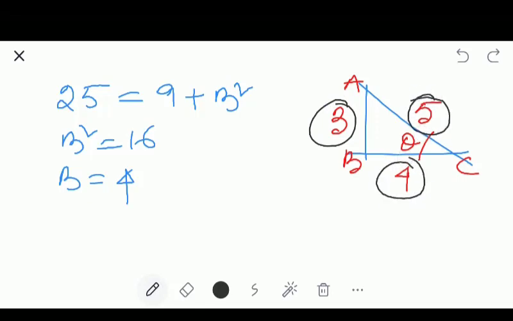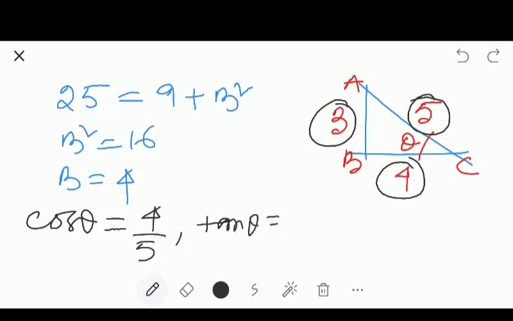Now what is the value of cos theta? Cos theta equals base by hypotenuse, that is 4 by 5. What is the value of tan theta? That is equal to perpendicular by base, that is 3 by 4. Now what is the value of cosec theta? Cosec theta is the reverse ratio of sine theta, that is 5 by 3, right?